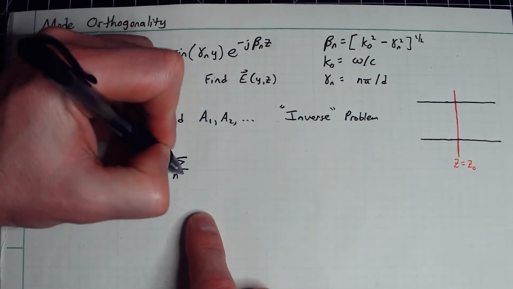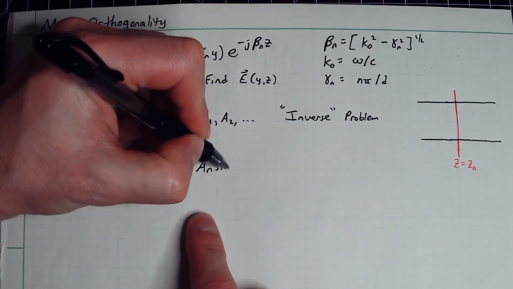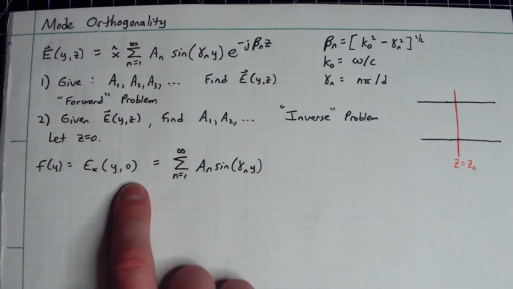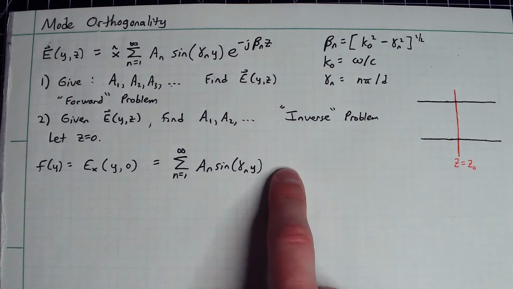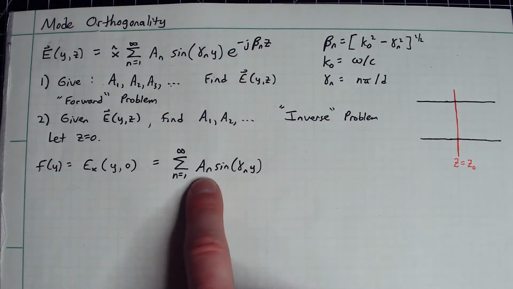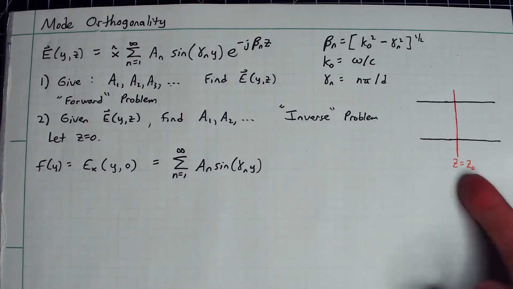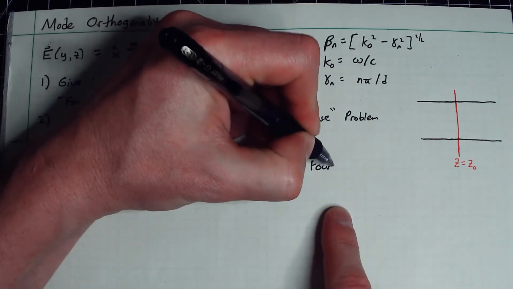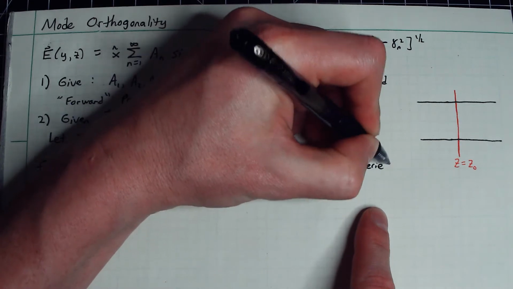The summation from n equals 1 to infinity, a sub n sine of gamma sub n y. And again, this is true at any arbitrary location in z because whatever this complex exponential does over here, it would just appear as if it's a phase shift on this coefficient no matter where this location is. So this is a Fourier series. You look at that and immediately, Fourier series.